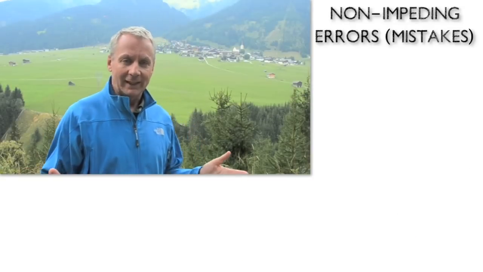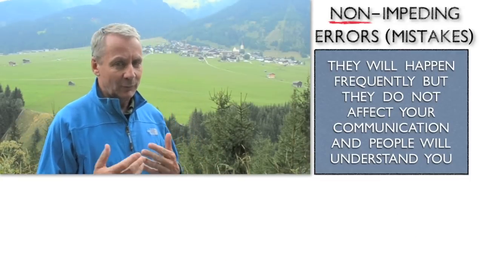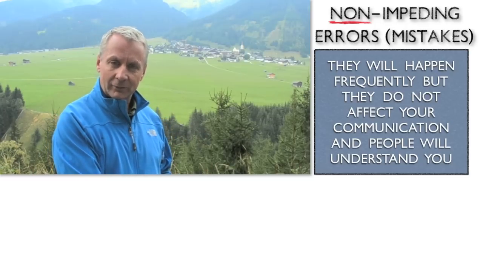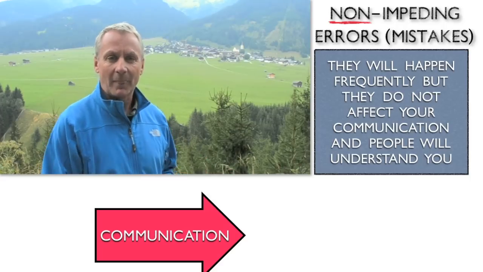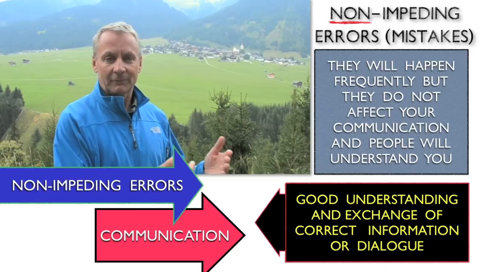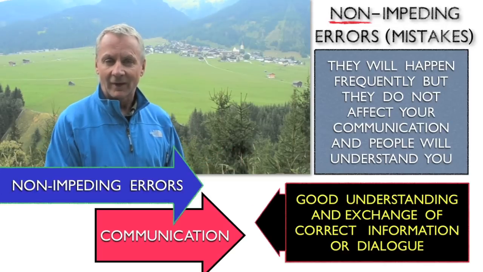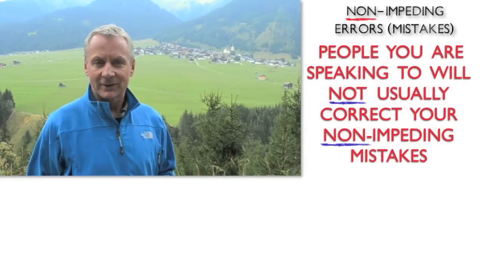Now, a non-impeding mistake, now these will happen all the time, where the person you're speaking to understands perfectly what you're saying to him and will respond with the correct answer, give you the correct information, or complete the dialogue. They won't correct you either, because they're not English teachers.